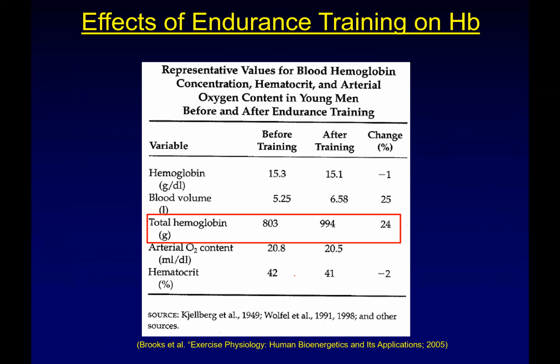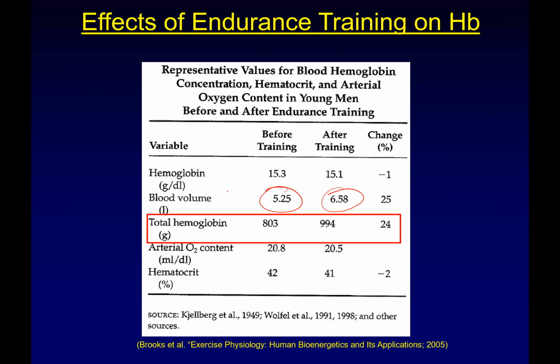Okay. So, one of the things that we know that happens as a consequence of aerobic exercise training is we're going to get a larger blood volume. Okay. And because we get a larger blood volume, you will note here, blood volume went from about 5.25 liters to almost 6.5 liters.